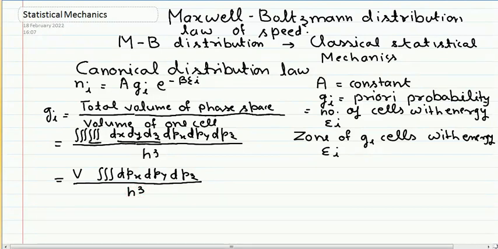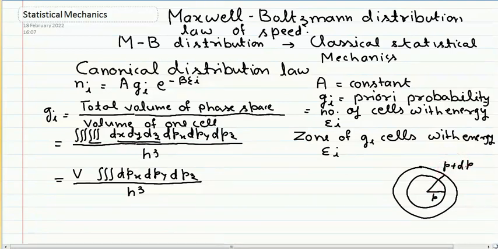So this volume will represent the annular volume between two spheres, such that the radius of the inner sphere is P and the radius of the outer sphere is P plus dP. And we have to calculate the volume of the shaded region, that is the momentum between P and P plus dP.